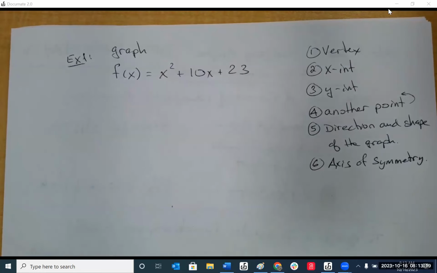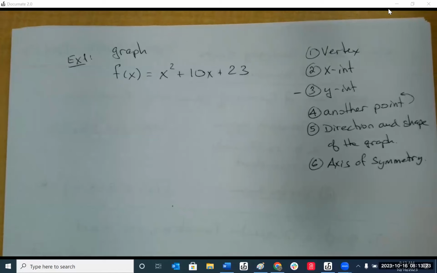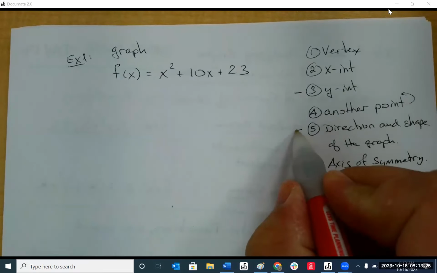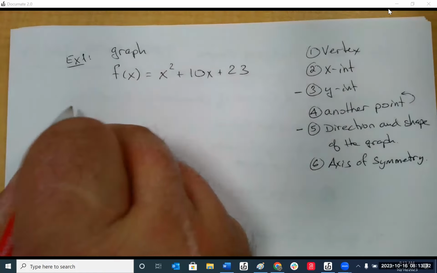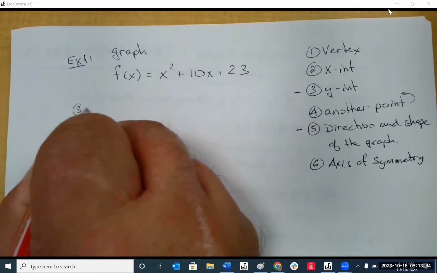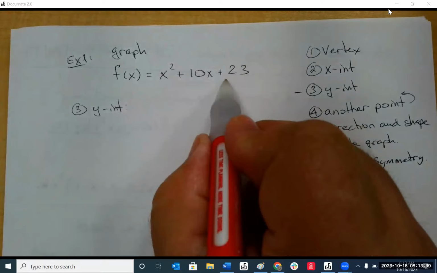So we're in standard form. Just by looking at this, we can answer this one and that one, just by looking at the equation. Number 3, the y-intercept is always the constant.